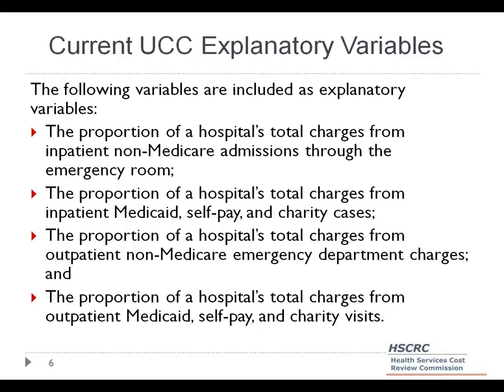And that really was to focus on emergency care as being a high predictor of uncompensated care. In our preliminary work so far, that variable is no longer working as being statistically significant. So that one may bite the dust this year.